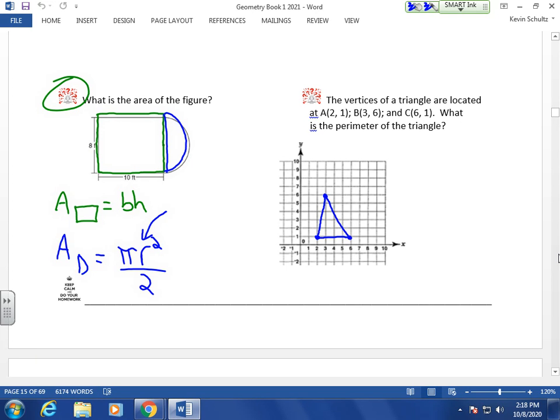Side 1 plus side 2 plus side 3, but how are you going to get the length of those two diagonal sides? Use the distance formula. So that comes back a little bit.